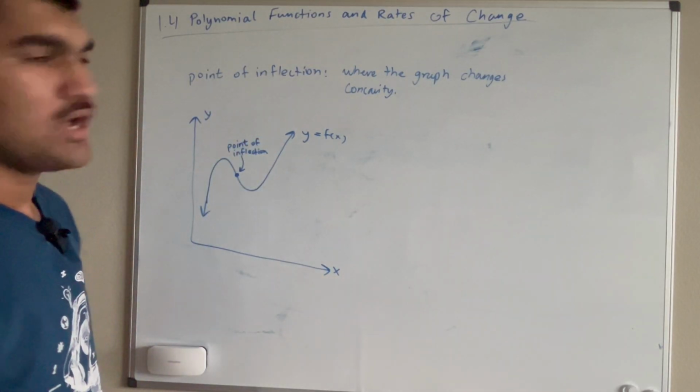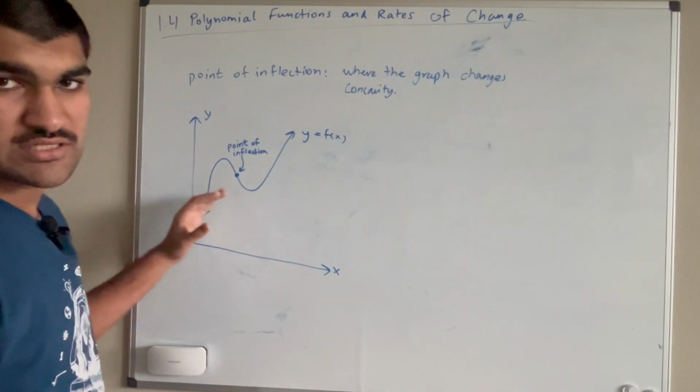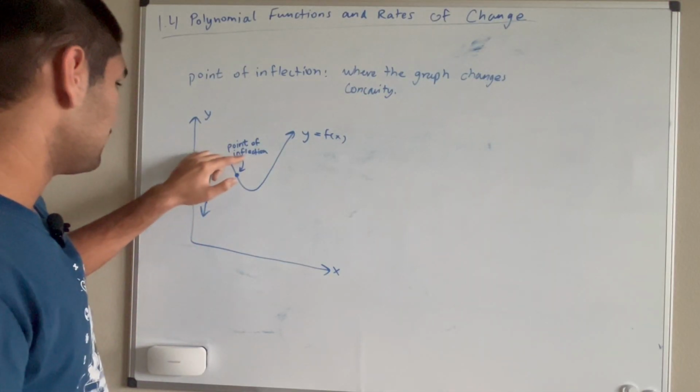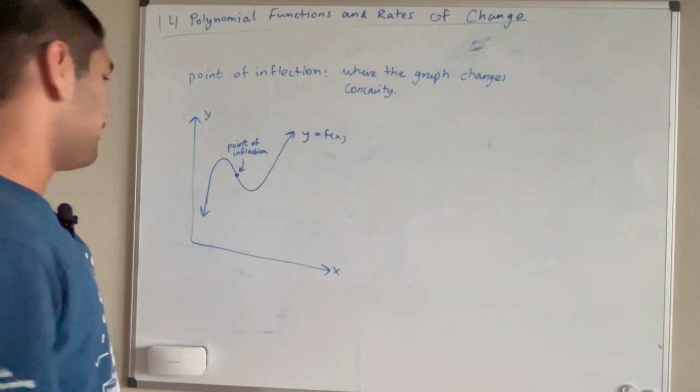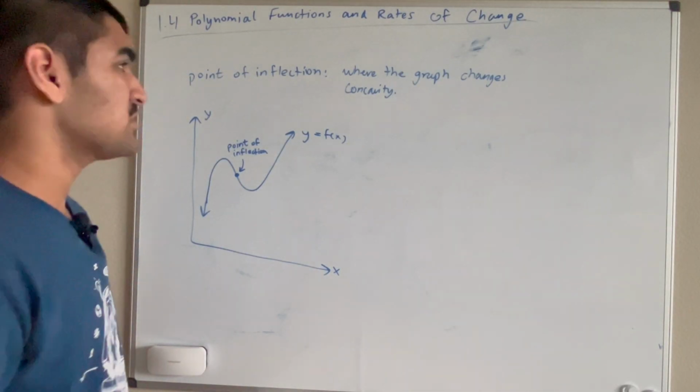And like I said, I already talked about this in much more detail in a previous video, so if you are still kind of confused on what a point of inflection is, go visit that video. But other than that, that is pretty much it for this video.